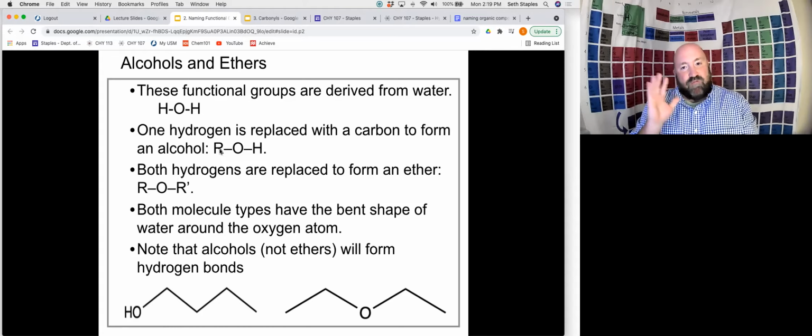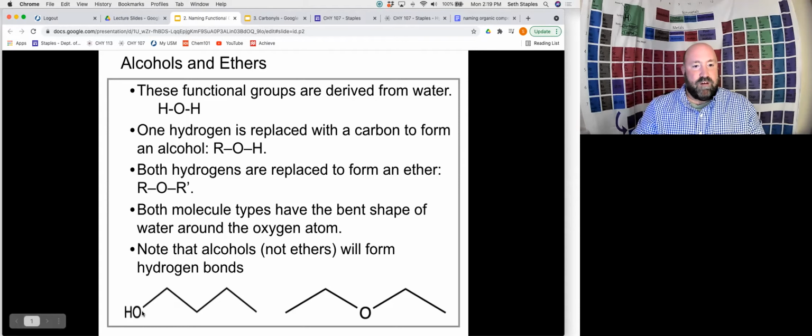If one of those H's is replaced by something for a carbon group, that's an alcohol. If both of those are replaced by carbon groups, they might be identical groups, they might not. But if both are replaced, that's an ether. And we see a couple examples of those here.